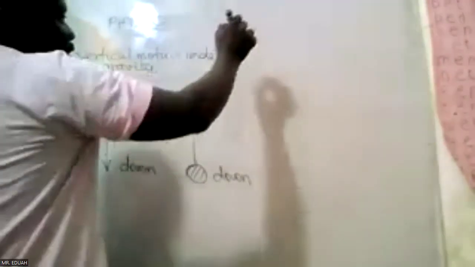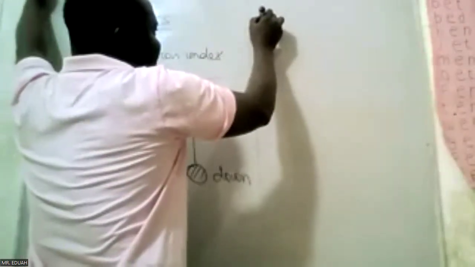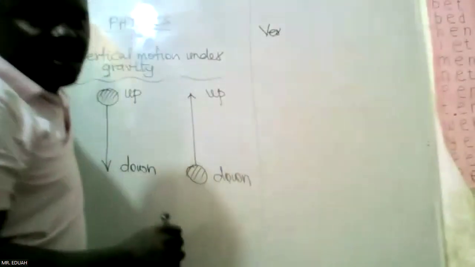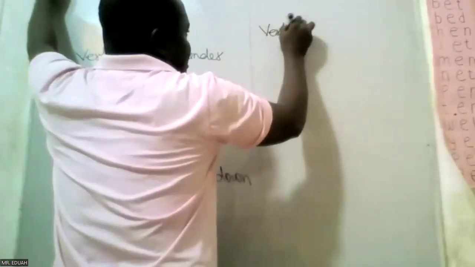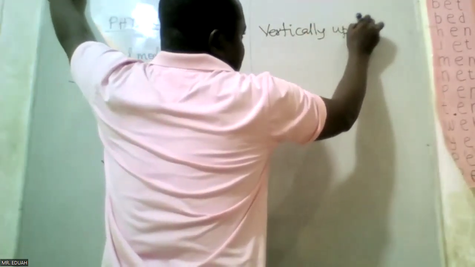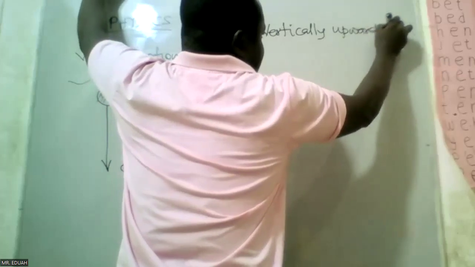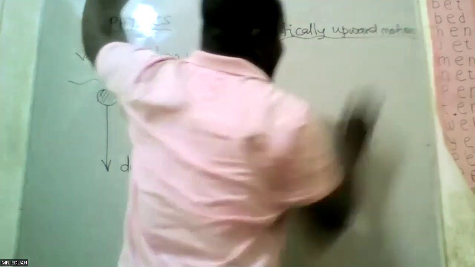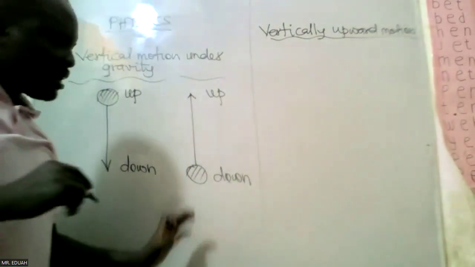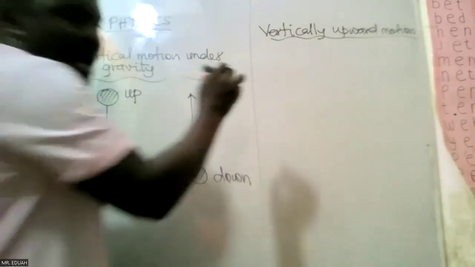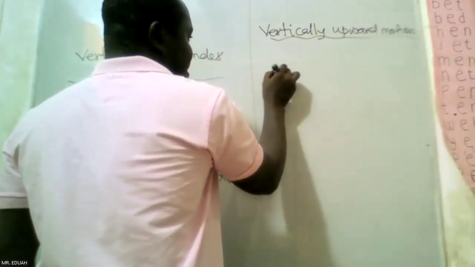Now, let's look at vertically upward motion. Here, the object is being thrown from down, up. So we are moving in this direction.